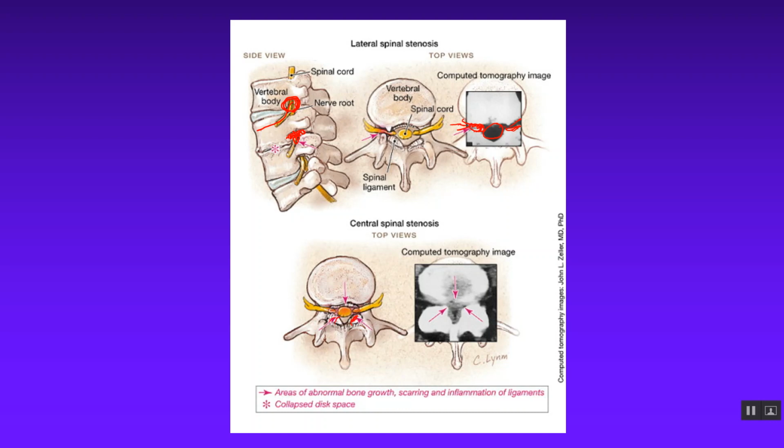Central stenosis is the same thing, but the growths project more centrally. You can have both central stenosis and foraminal stenosis. Now you can see this encroachment, this gray forming bone or fragments that are narrowing the central canal. If you get enough central canal stenosis, then you can definitely impact the spinal cord.